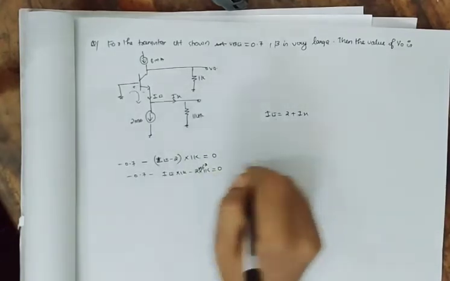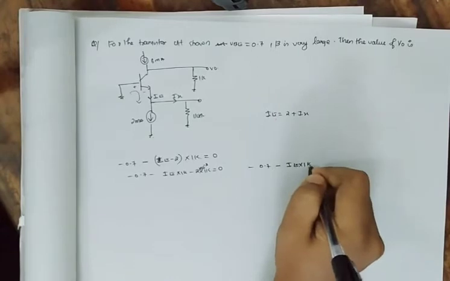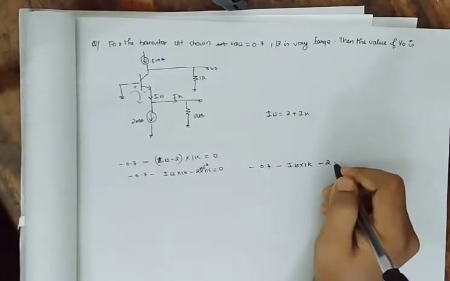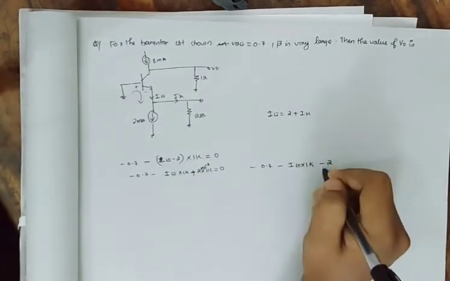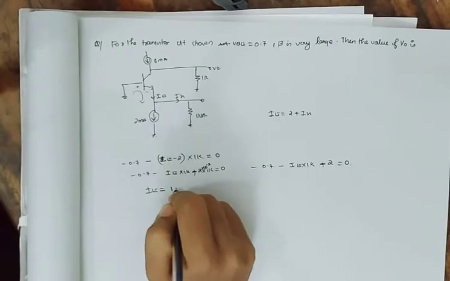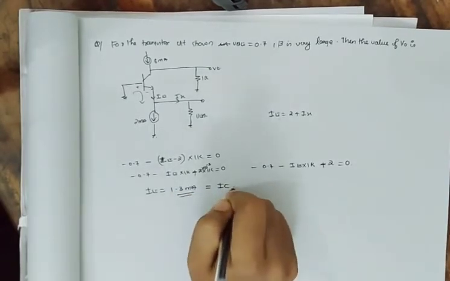So, okay. So, that will be minus 0.7 minus IE into 1K minus 2 plus 2, okay, equal to 0, and IE equal to 1.3 milliampere, which is equal to our IC.